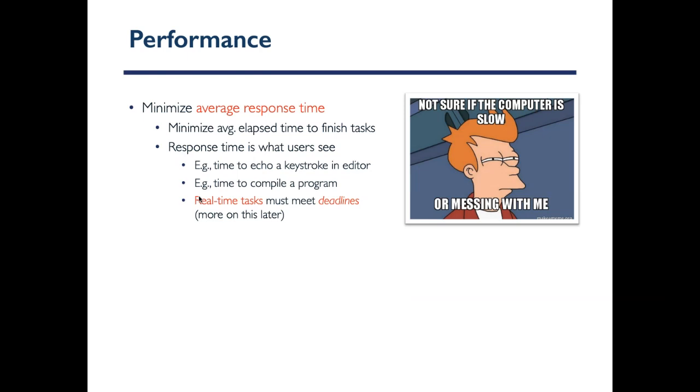The response time of a task is the time from when the task comes to the ready queue until it gets executed. So we want to minimize the average time that it takes for all the threads that come to the ready queue to start and finish.